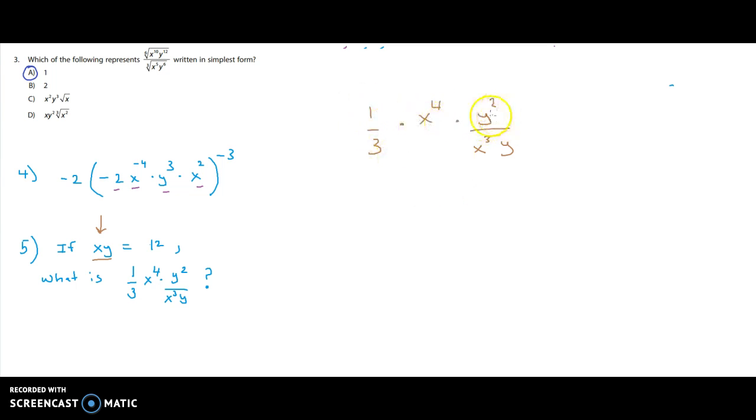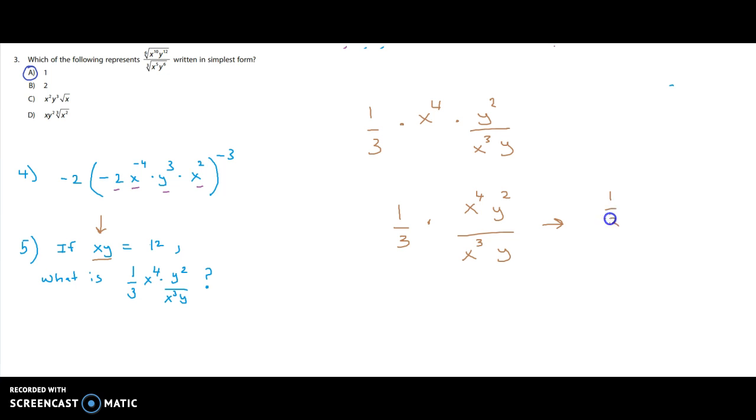If I multiply these things out, would you agree that that would just be 1/3 times x^4 y^2 over x^3 y? Hopefully that makes sense to you. Well, and now we can just use our division rule, right? We know that when you have the same base, we can just subtract the exponents, the top one minus the bottom one. So that gets us to here.